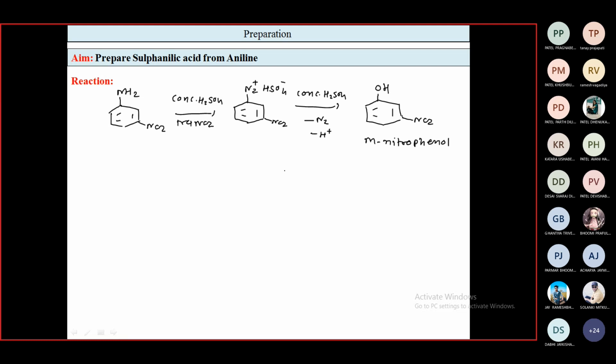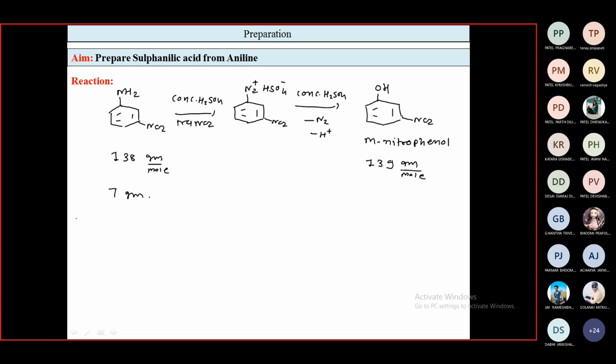The molecular weight of metanitroaniline is 138 gram. The molecular weight of the product is 139 gram. You started the reaction using 7 gram.